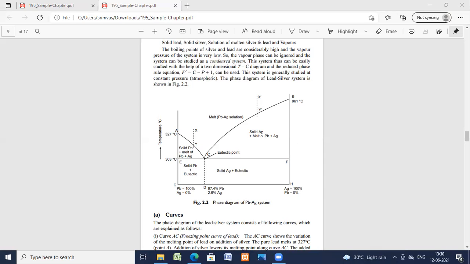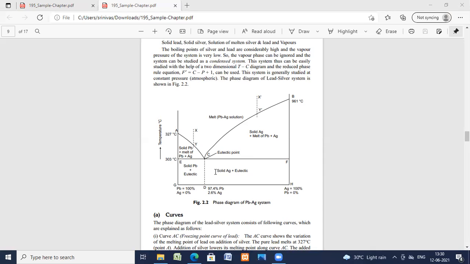So the effect of pressure is almost negligible. It is a condensed system and it is the reduced phase rule. The condensed phase rule, so F is equal to C minus P plus 1. This is the rule that is being applied for the whole diagram.